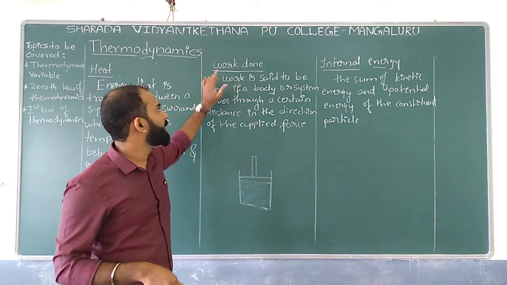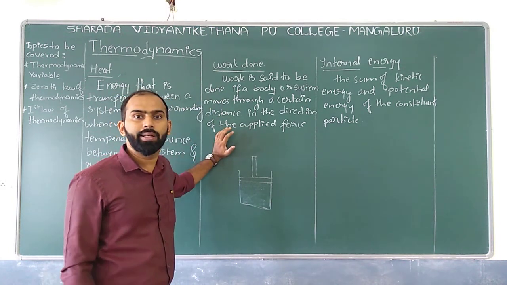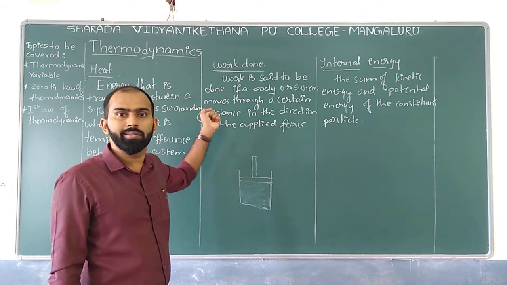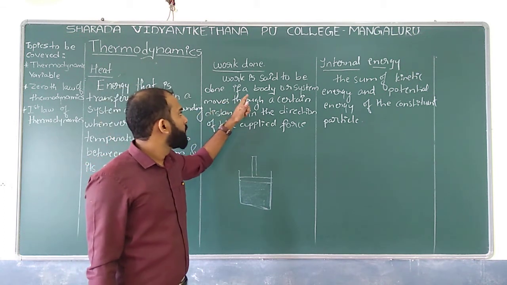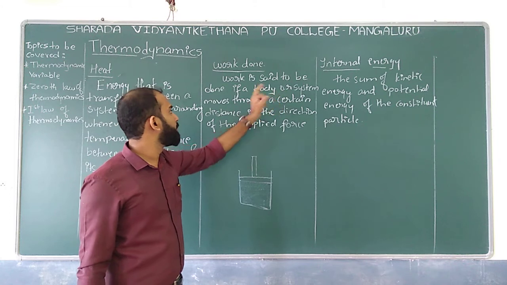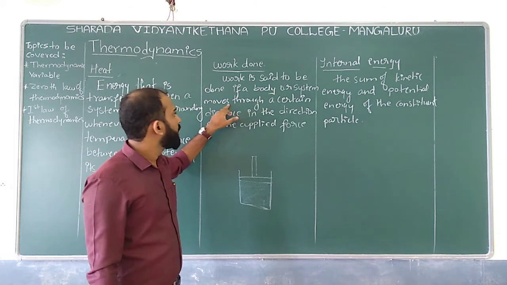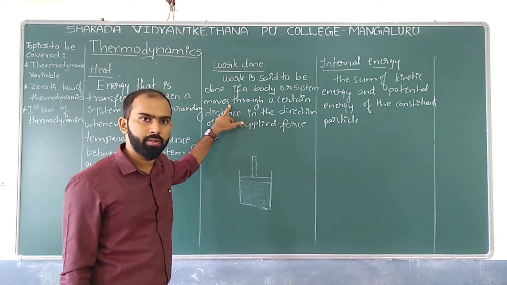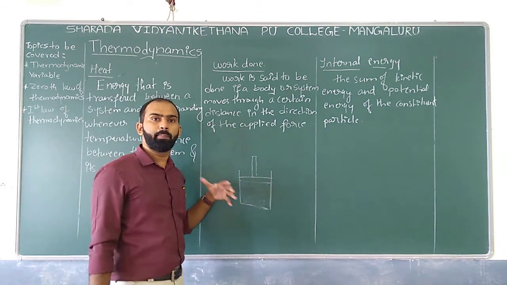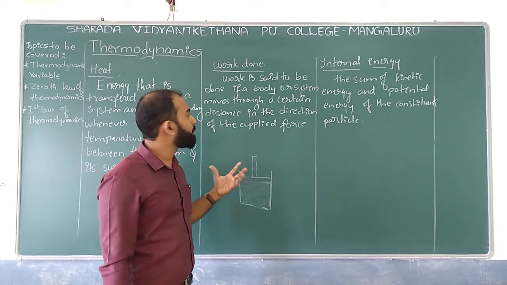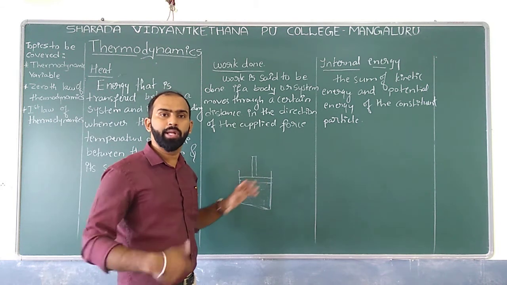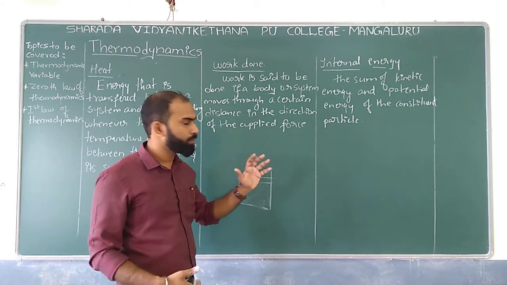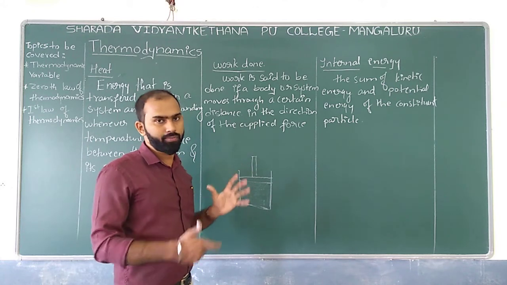Okay? So according to the definition of work done, what can we say? Work is said to be done when a body or a system moves through a certain distance in a particular direction. Whether it is positive work done or negative work done, we'll get to know based on its sign convention later, once we get into the first law of thermodynamics.